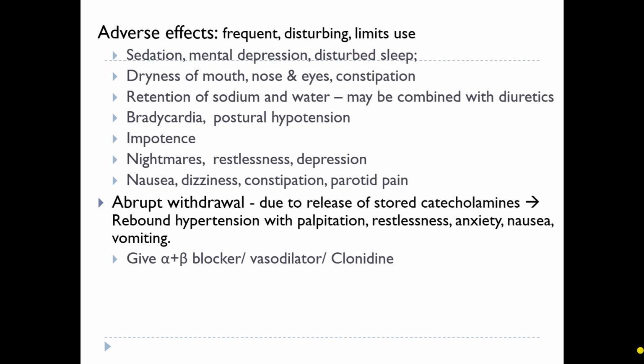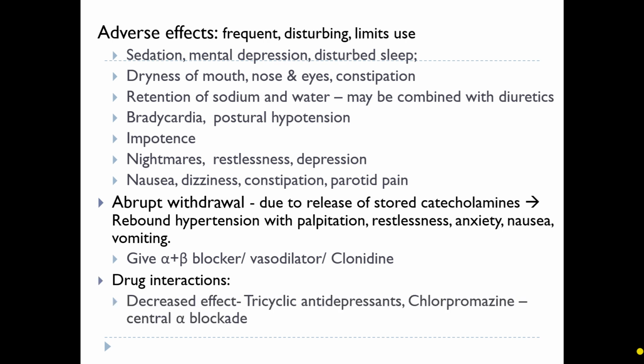Otherwise, if you stop it abruptly, there is a huge release of catecholamine from the neuron, as the alpha 2 agonist is removed now. So, inhibition is removed, and all the catecholamine will be released simultaneously, which produces profound hypertension with palpitation, anxiety, and other symptoms. Treatment is to give clonidine, because if it is because of the withdrawal, you can give the drug. You can give a vasodilator or you can give a combined alpha and beta blocker.